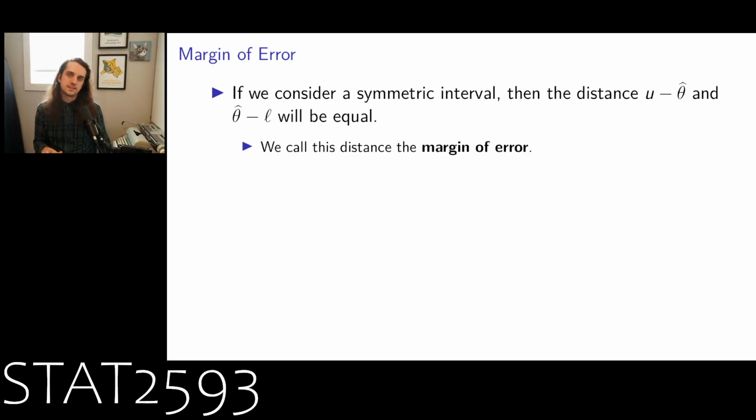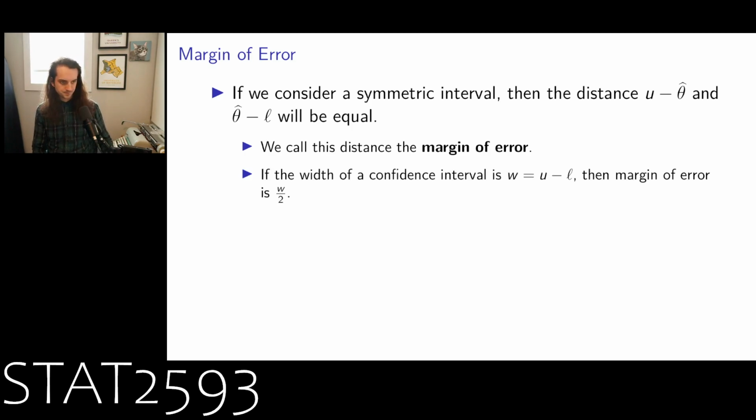We call that distance, from our point estimate to one of the endpoints, the margin of error. The margin of error is half the width of the confidence interval. The basic idea is that this is our point estimate plus or minus our margin of error, so it's half the width if it's a symmetric interval.